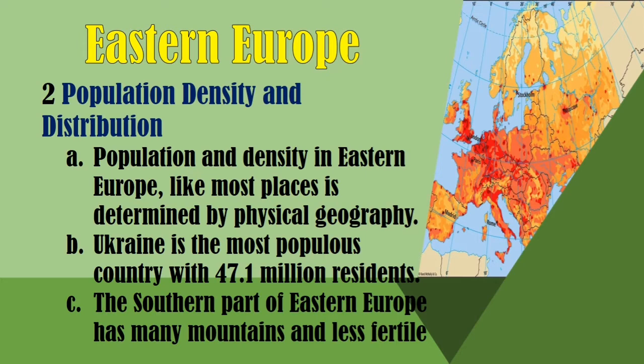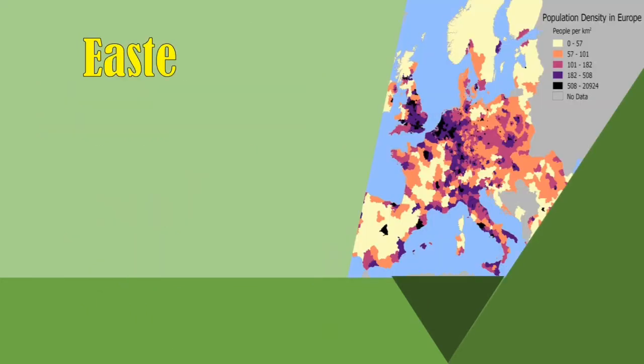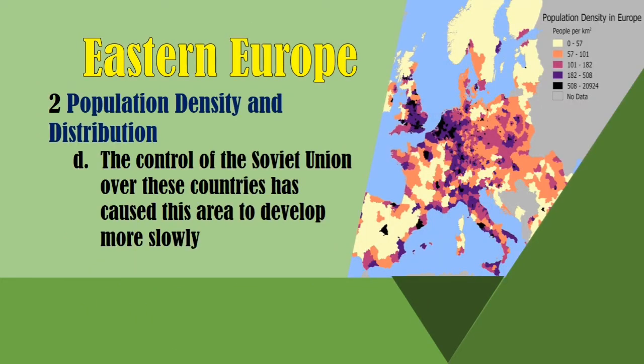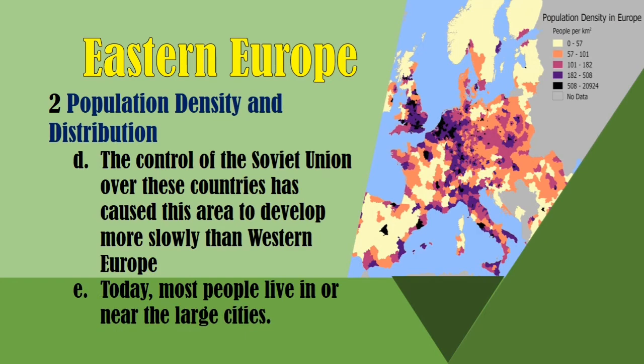The southern part of Eastern Europe has many mountains and is less fertile, and so population densities are not as high as those in Ukraine. The control of the Soviet Union over these countries has caused this area to develop more slowly than Western Europe, and has also caused many people to leave the area, especially since the fall of communism. But today, most people live in or near the large cities.